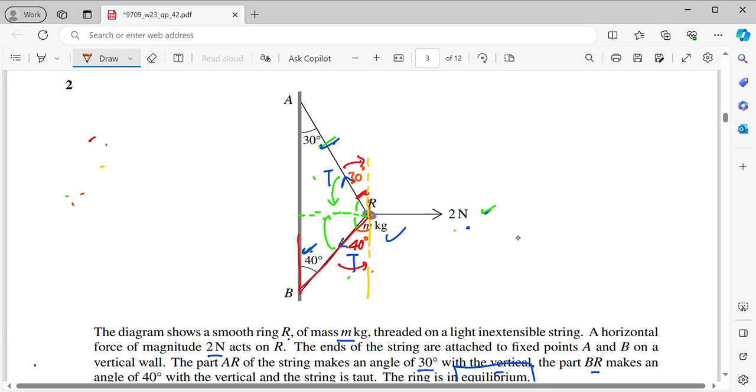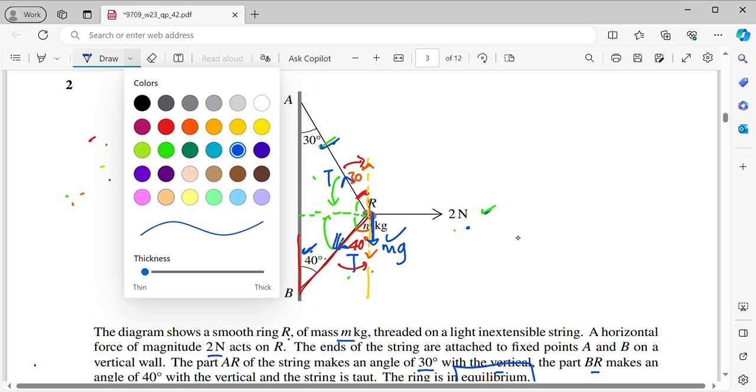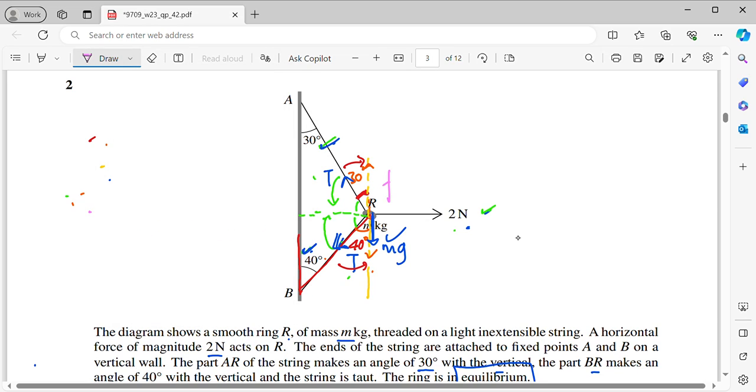Then when I resolve, this T is going up, right? And the tension at B is pointing down, because you see the arrow of our T here. So going down, and this going down is the same direction as the weight. That means it's mg. So when you resolve vertically, you have to consider both cases.